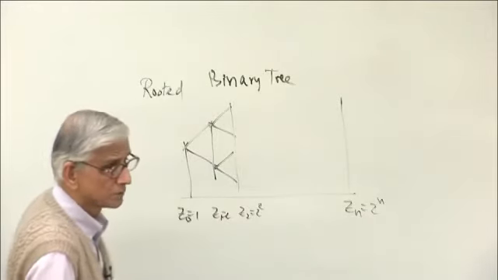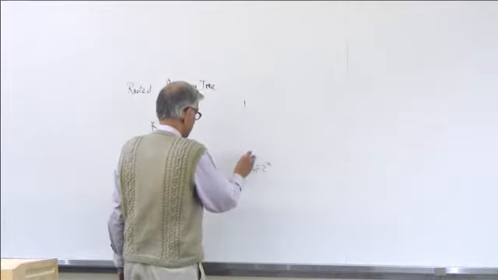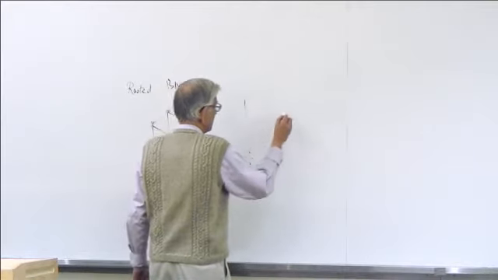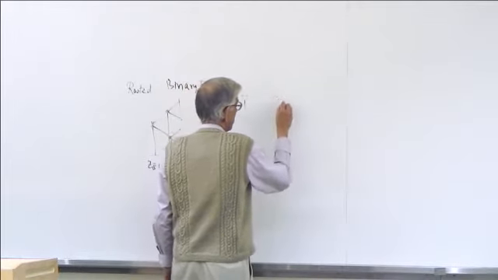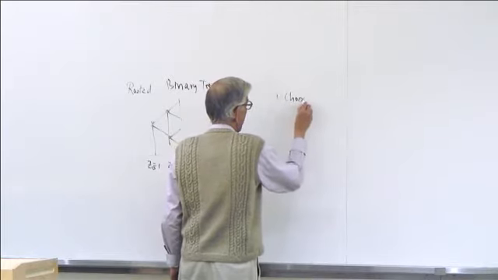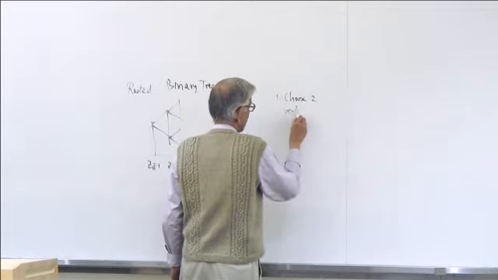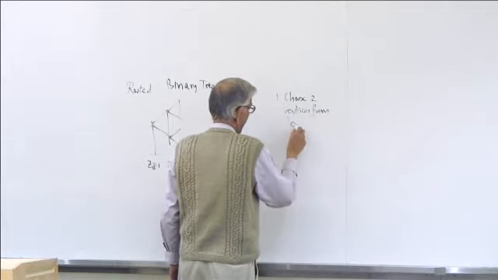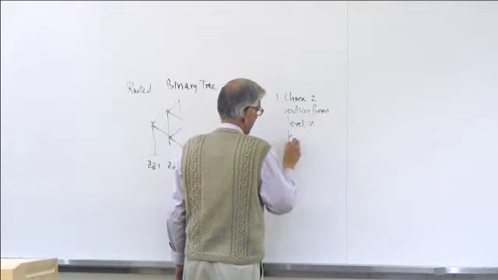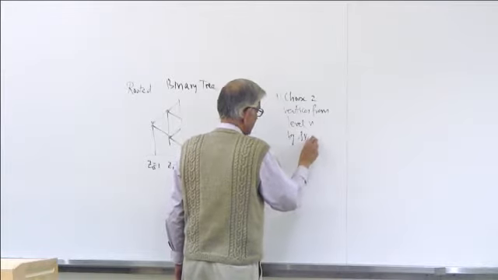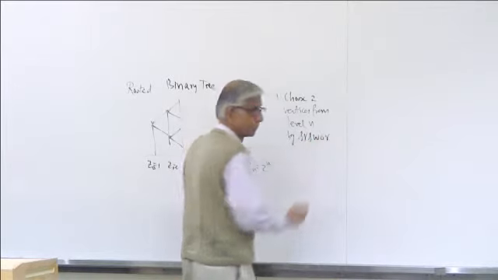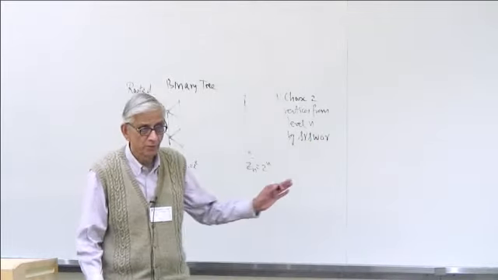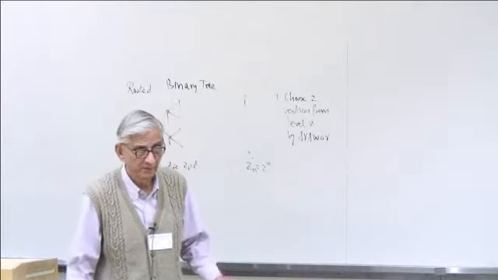So now, supposing you choose 2 vertices from level n by what is known as simple random sampling without replacement, which means there are 2 to the n vertices available.